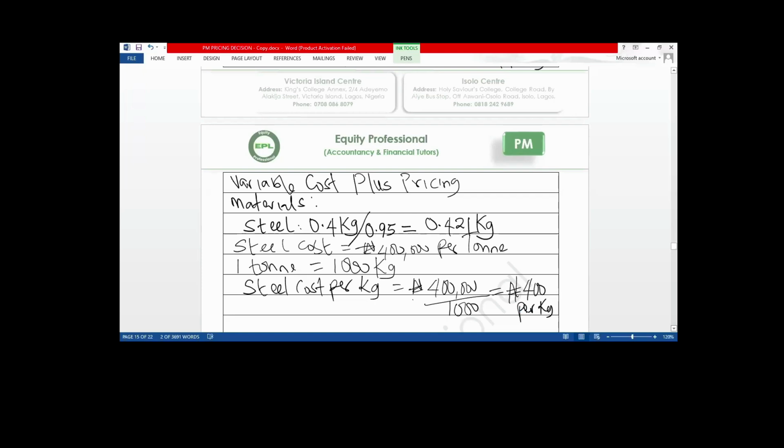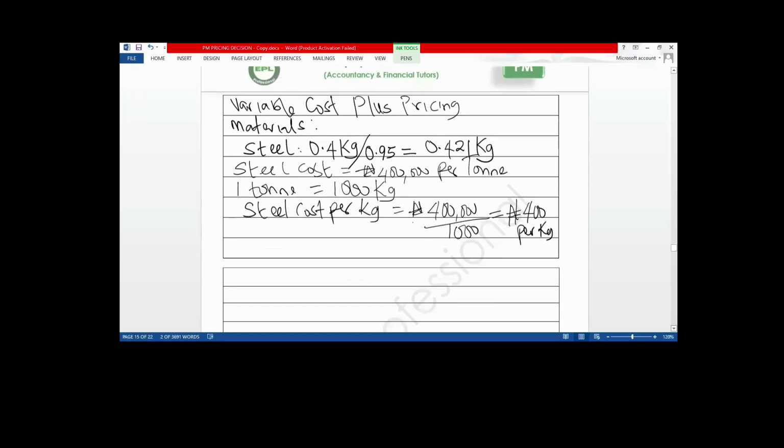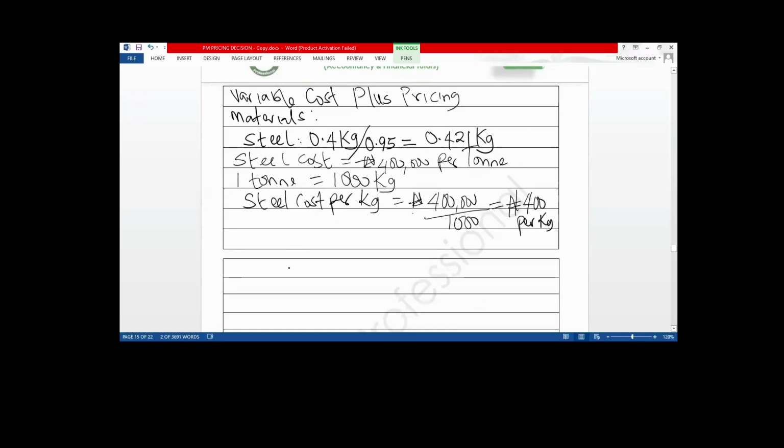You can now compute that, okay, for my steel, I'm going to buy 0.421 kg multiplied by price per kg, 400 naira per kg.